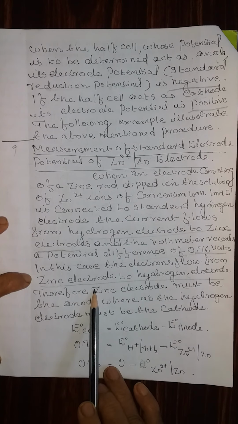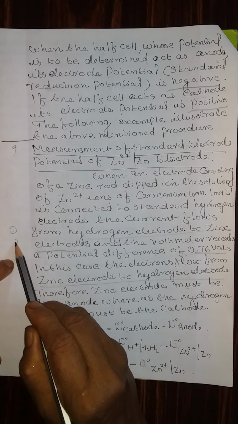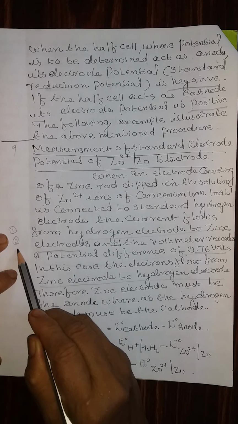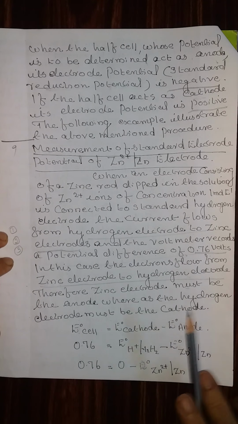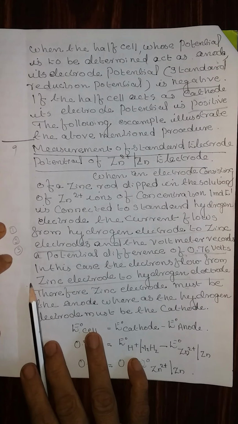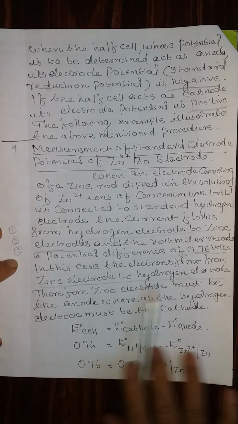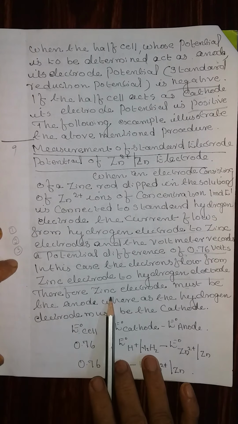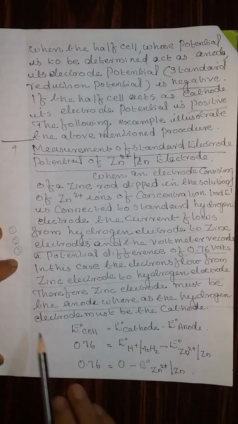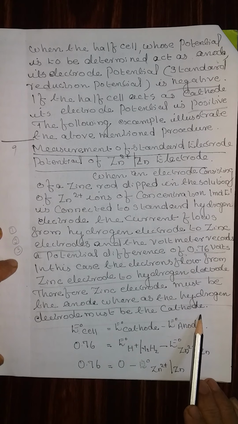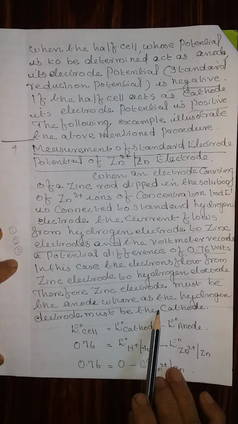Third point, therefore: how the current flows, what the potential difference is, and where the electrons flow. Now, since electrons flow from the zinc electrode to the hydrogen electrode, the zinc electrode must be the anode, whereas the hydrogen electrode must be the cathode. This is how to determine the anode and cathode.